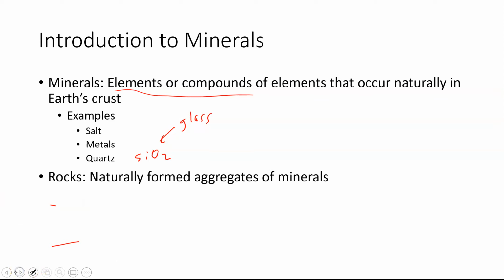All right. Now, to contrast minerals from rocks, rocks are basically naturally formed aggregates of minerals. So minerals would be considered pure substances. They're compounds. Rocks are made up of a variety of minerals.